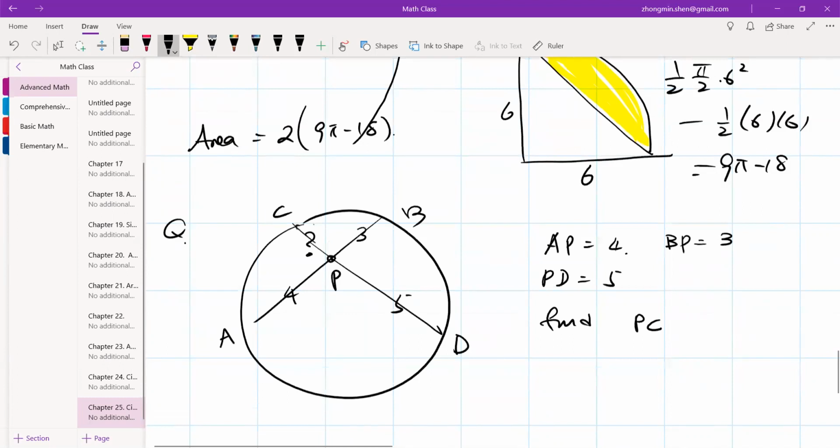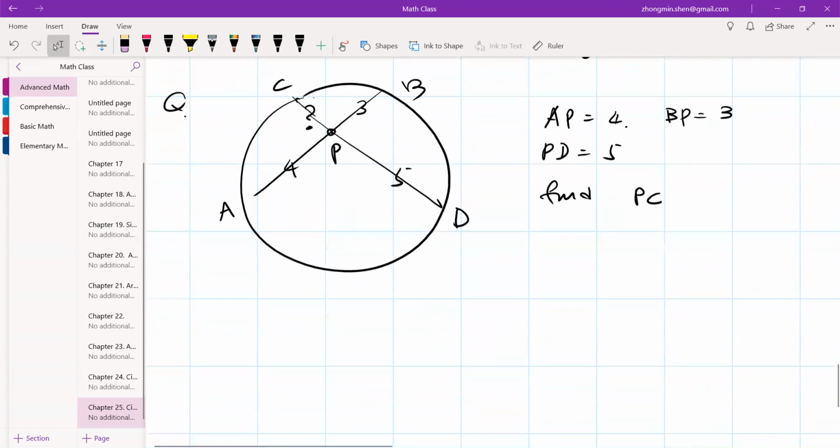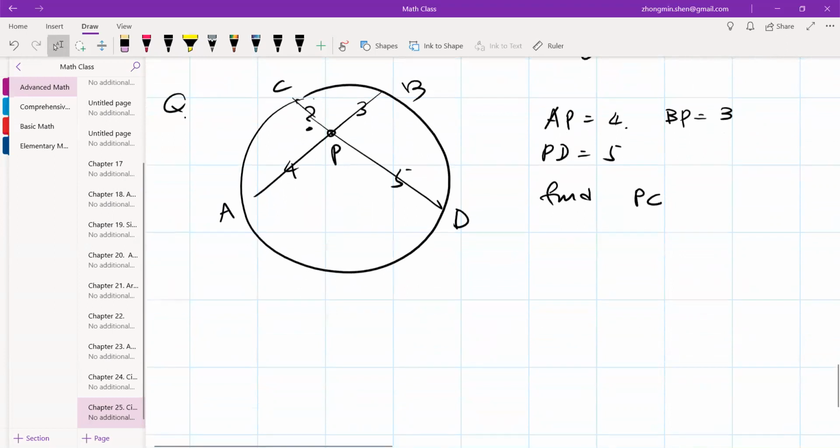So I already know here's a 4 and the 3 and the 5. Then you will say 2. Why? By guessing. It's not exactly like that. We have to use the two facts we already showed you.